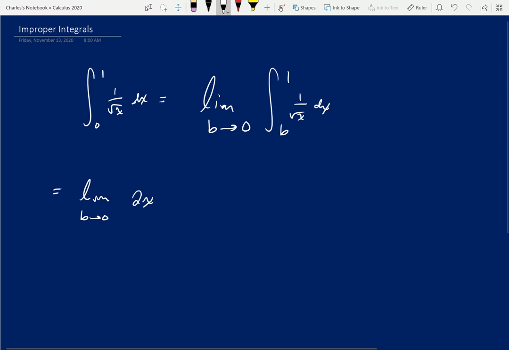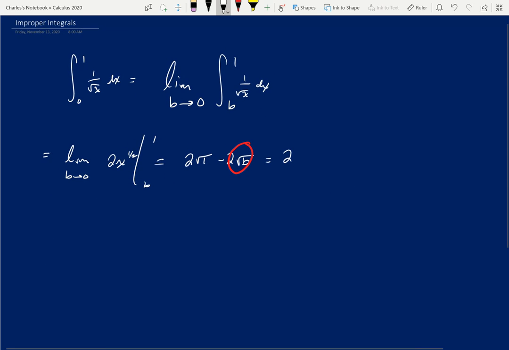This would be 2x to the 1/2 evaluated from b to 1. And then that equals 2 square root 1 minus 2 square root b. And at this point, you can say that the square root b term goes to 0, and you can say that this equals 2.